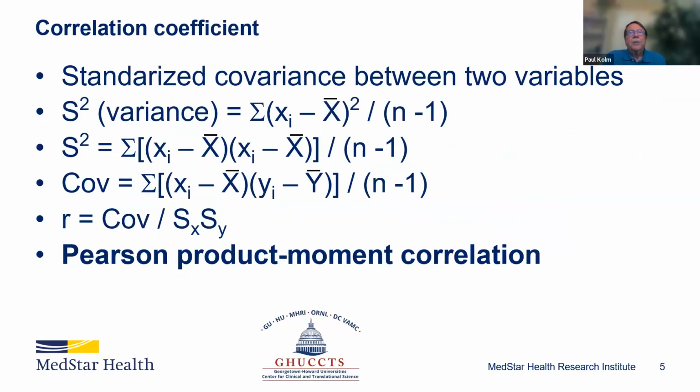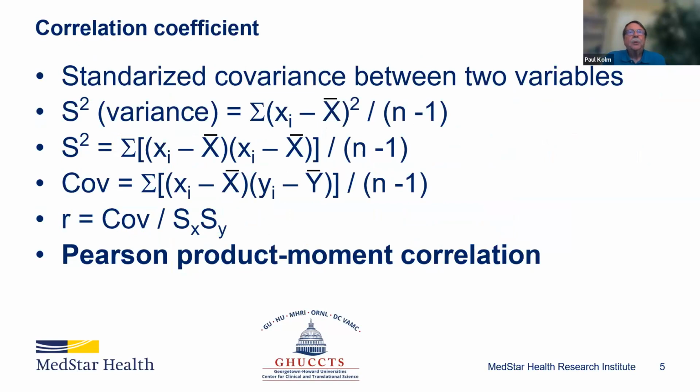So in terms of computations, basically the correlation coefficient is the standardized covariance between two variables. And we can look at the variance, which we'll designate as S squared.